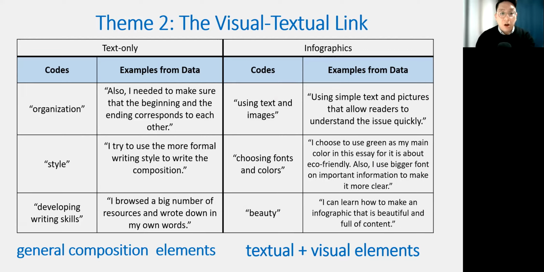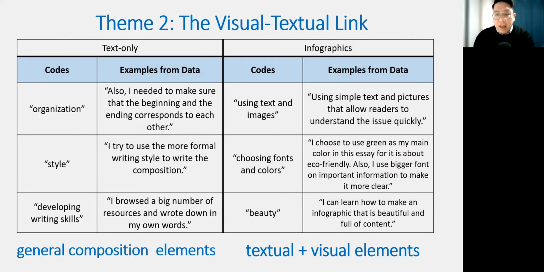Here are some of them. Organization, style, developing writing skills, those were only used for the text-only essays in the students' self-reflections. And using text and images, choosing fonts and colors, also beauty, those were only used for the infographics.